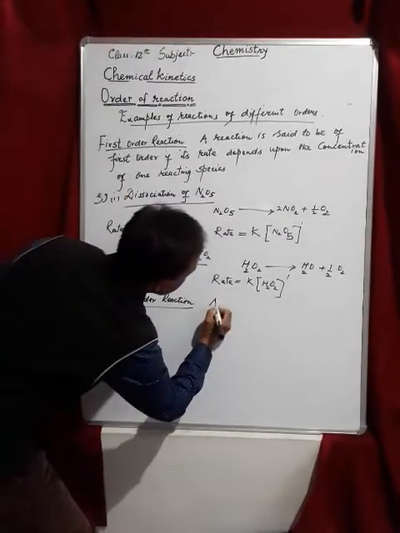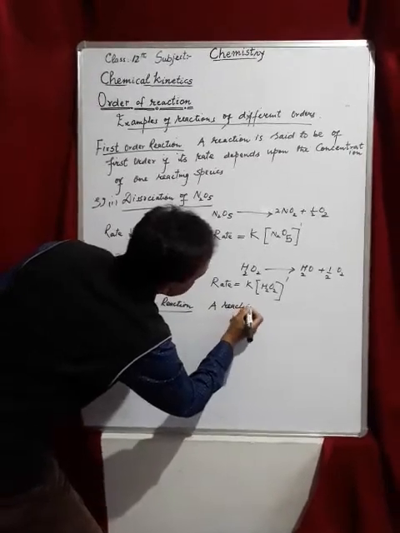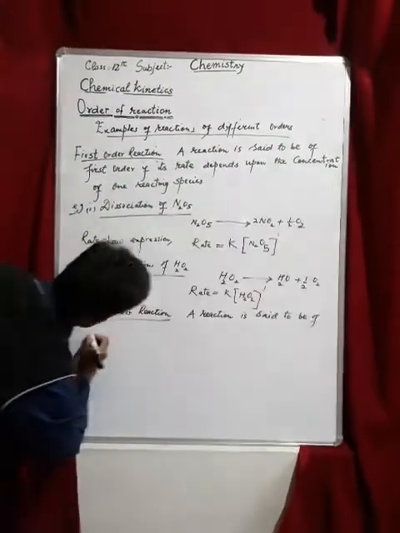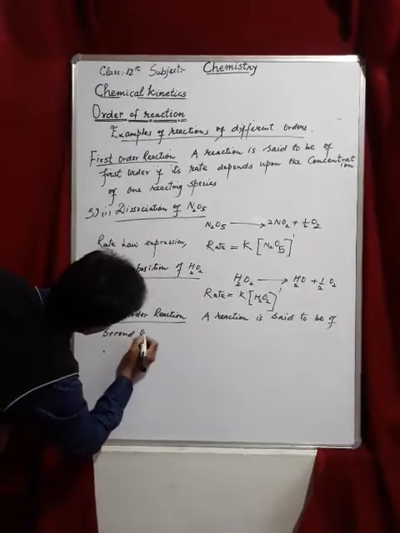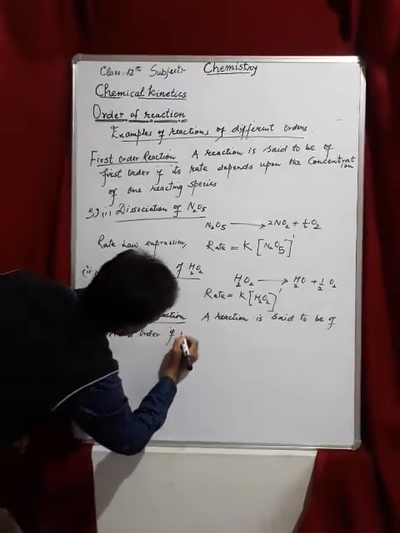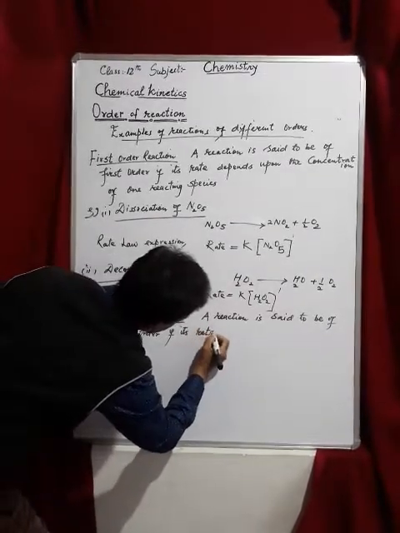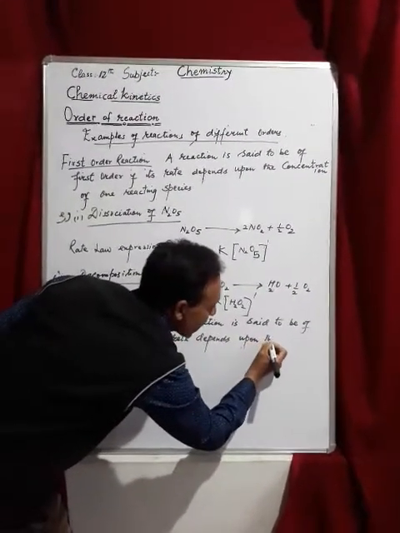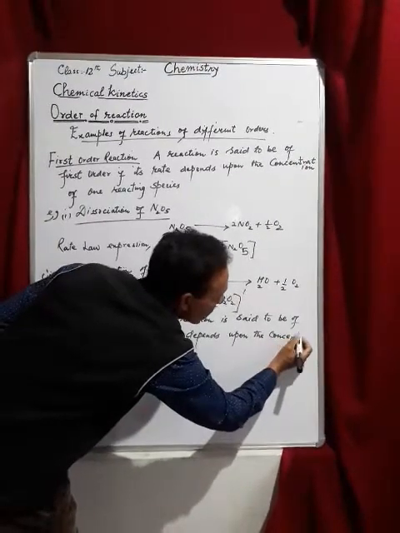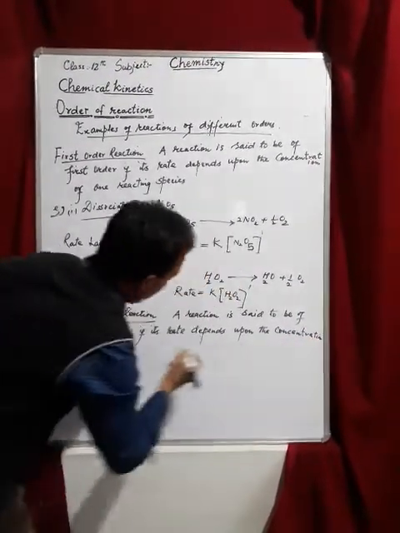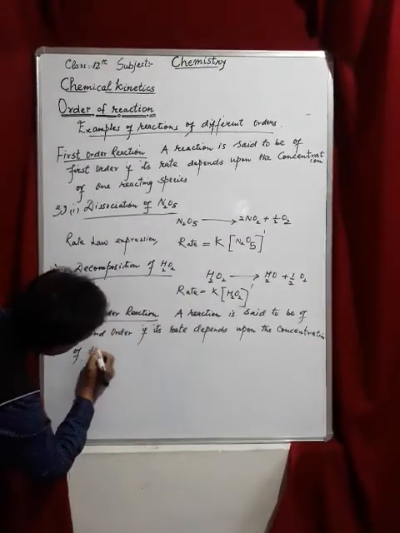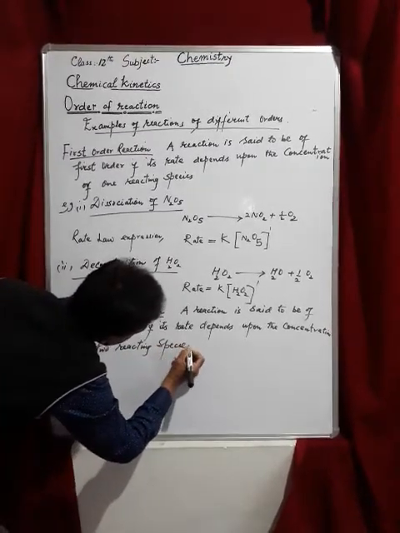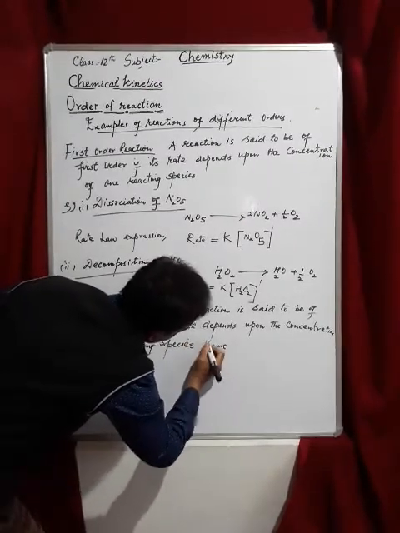A reaction is said to be of second order if its rate depends upon the concentration of two reacting species, same or different.